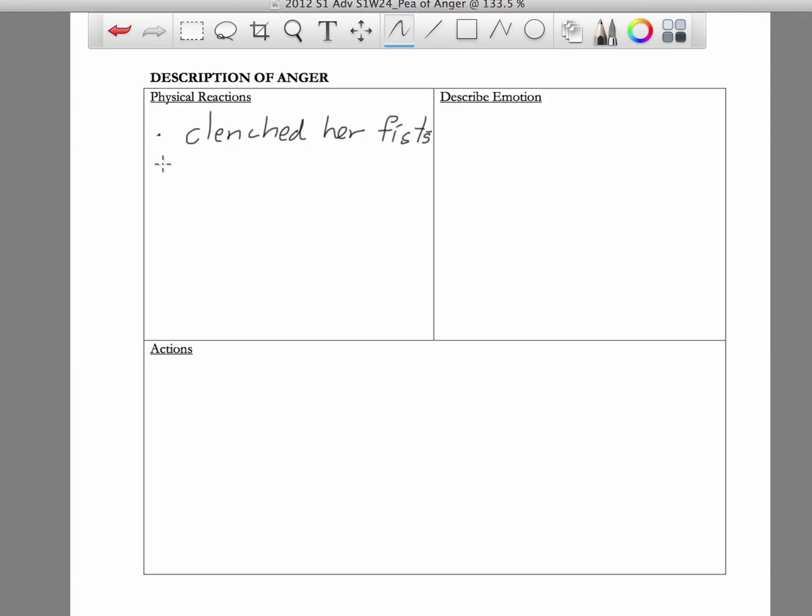Another way to say that mom clenched her fist is to say mom balled her fist tightly. Okay. Other clues that we can get from a person's body language or their physical reactions would be their lips. Oh, sorry, this is wrong. Let me erase this.